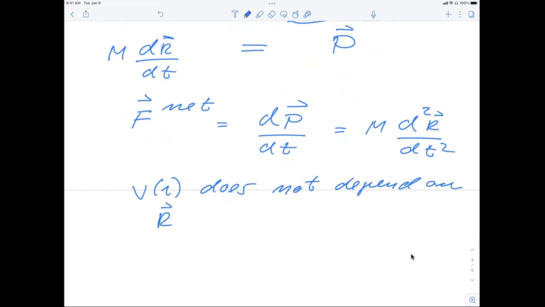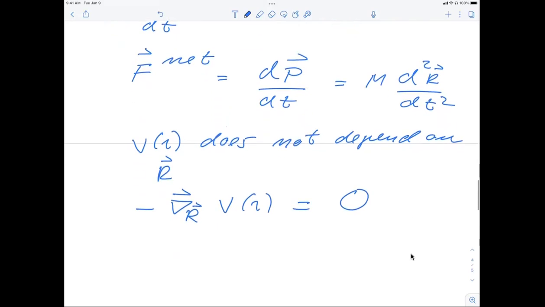The gravitational force is an example of a potential which does not depend on the central mass coordinate. So if I take the gradient with respect to r of V of r, what should I get? 0, right?